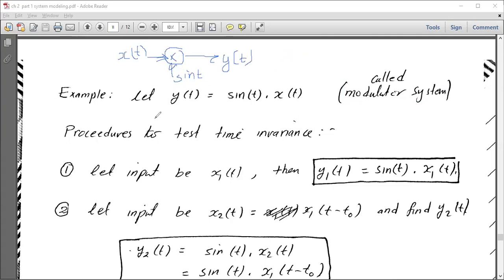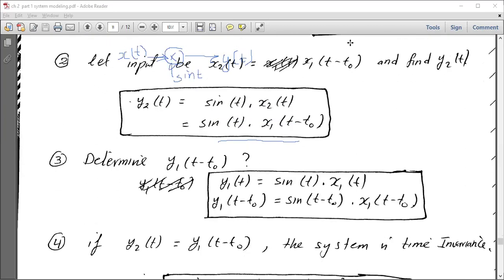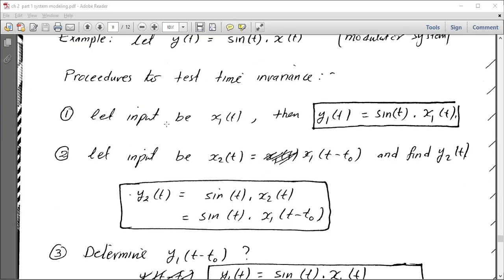So, the procedures to test whether this system is time invariant or not. The first step, take any signal, let the input be x1 of t. Then immediately you decide the output, which is y1 of t equals sine of t multiplied by x1 of t.